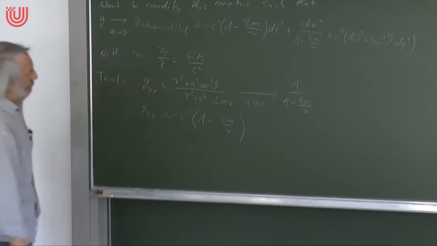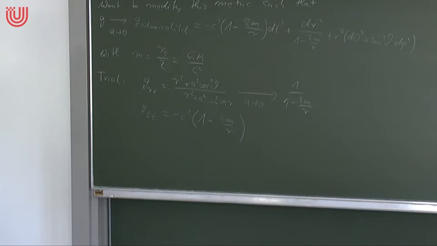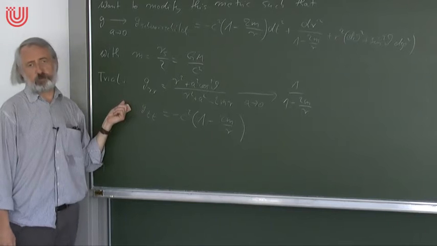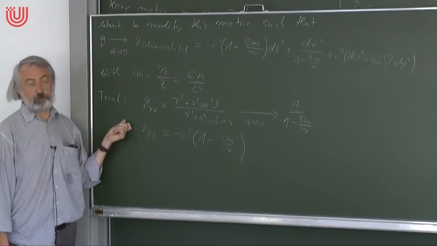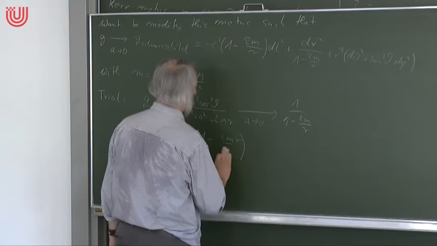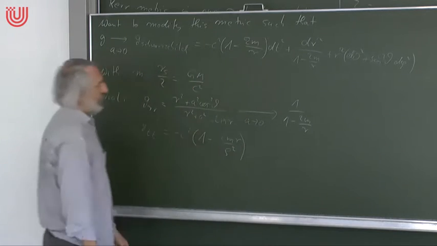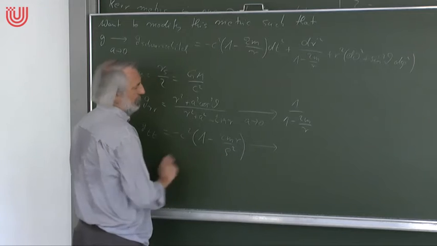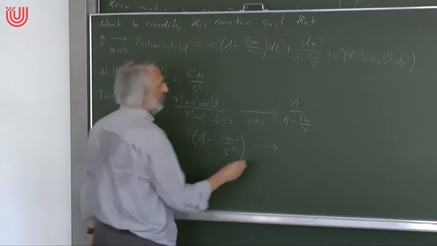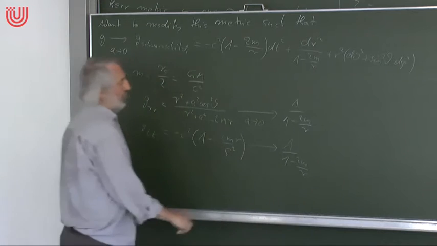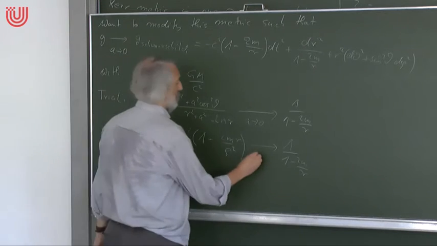So for a to 0, of course, it would give the right limit. But if you try it with this ansatz, you would find that it doesn't work. You cannot solve the field equation with this ansatz. It's too special. But the next more complicated thing is you can do this here. If you now send a to 0, r and rho are the same, and then you have again 1 minus 2m over r in the denominator. And you will find that this works.